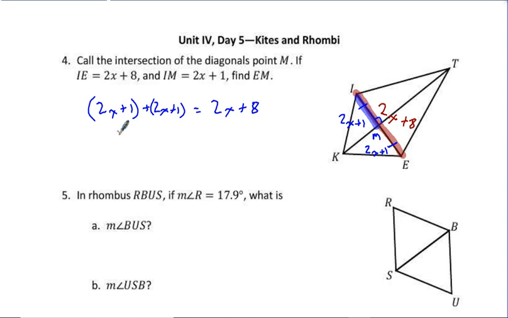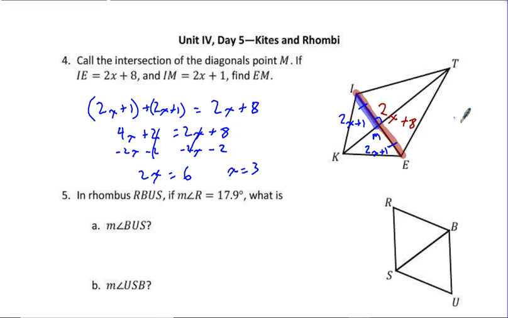When we combine like terms in the left side of the equation, or distribute a 2 if you chose to multiply, you have 4x plus 2 equals 2x plus 8. And we'll solve this equation and have 2x equal to 6. So divide by 2, x equals 3.